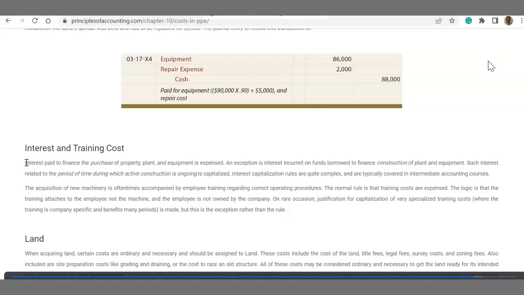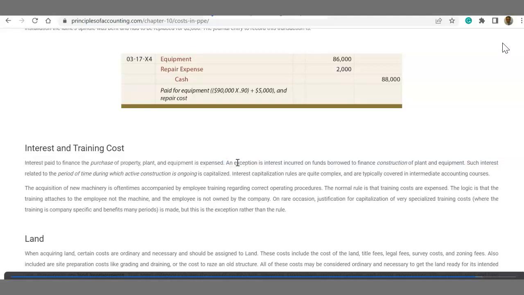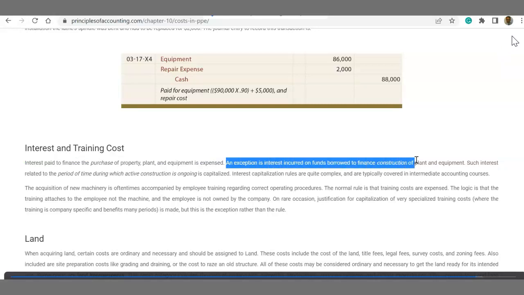Here it says interest paid to finance the purchase of property, plant, and equipment will be expensed on an annual basis. However, if you borrow money for construction of plant and equipment, during the time that you are constructing, that interest will be capitalized and will be part of the equipment, like the $86,000 here.